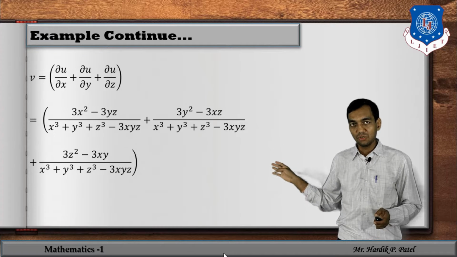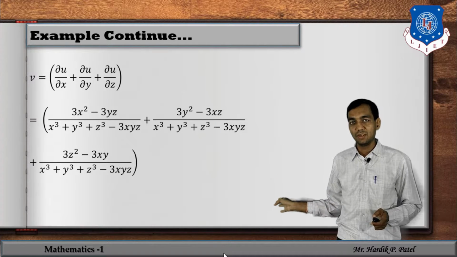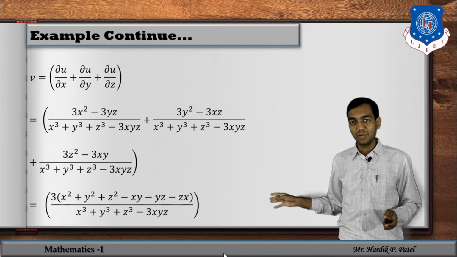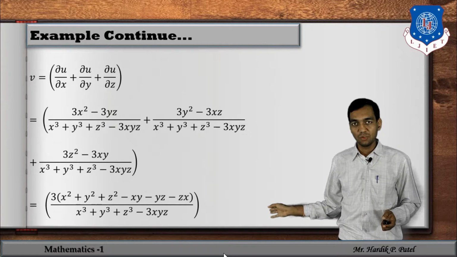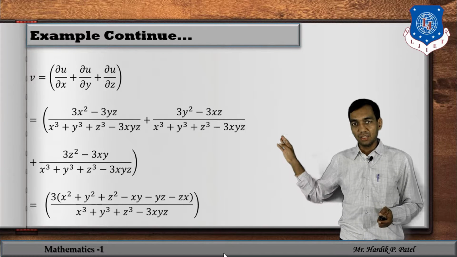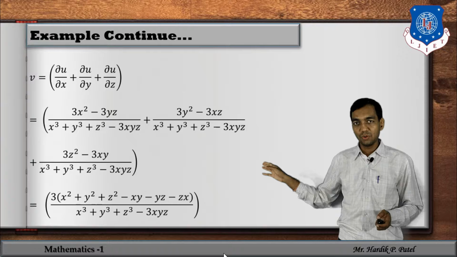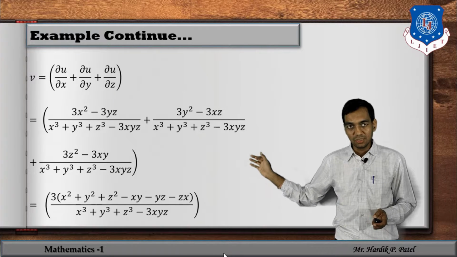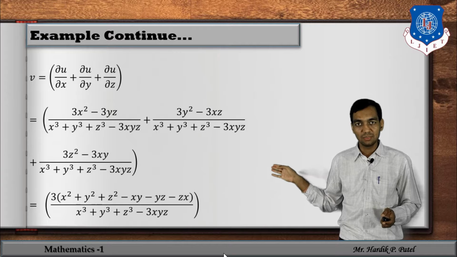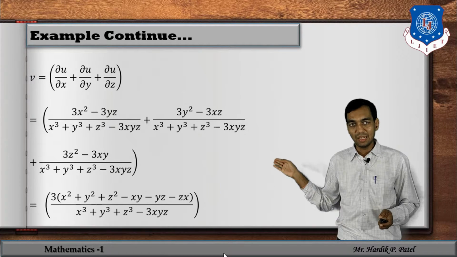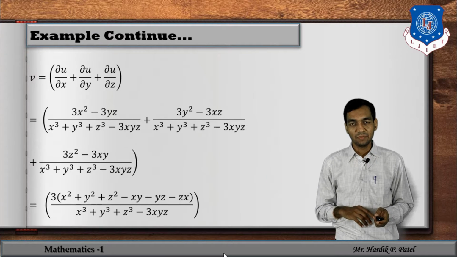So, putting the values and simplifying, the denominator is the same, so the LCM will be x cube plus y cube plus z cube minus 3xyz, and from the numerator we take out 3 common, which gives 3 into (x square plus y square plus z square minus xy minus yz minus zx).